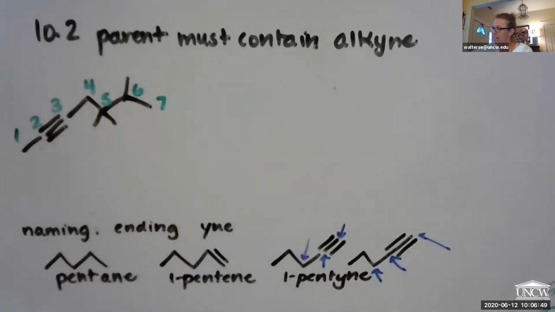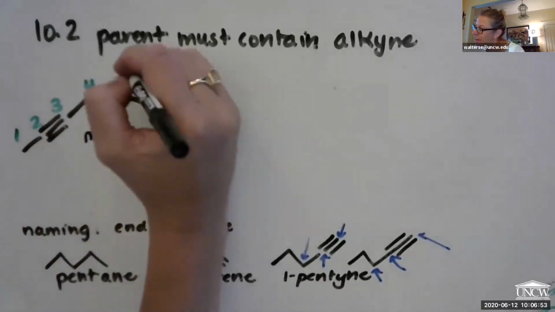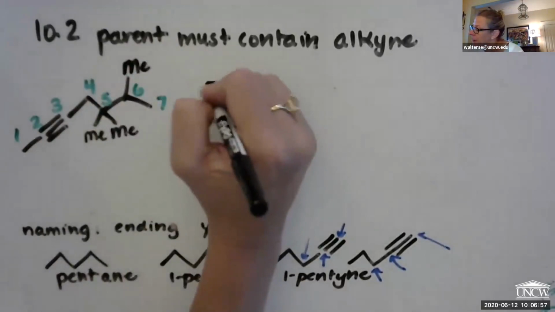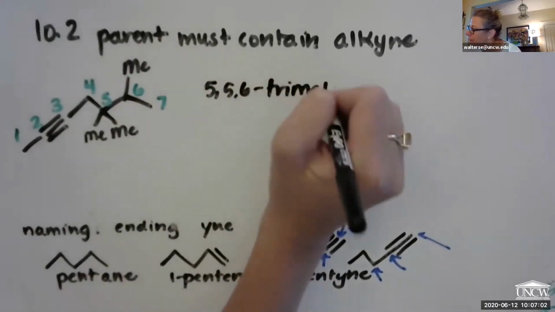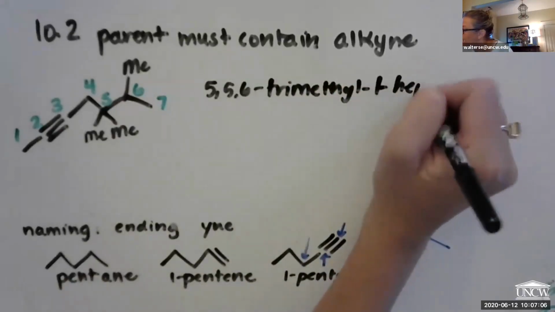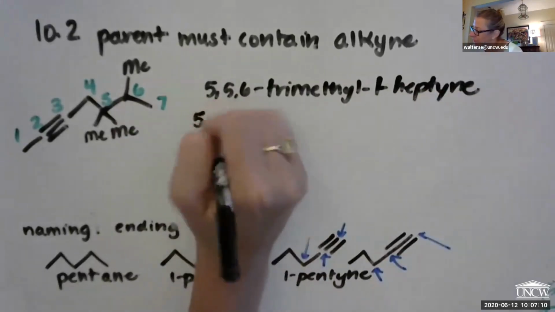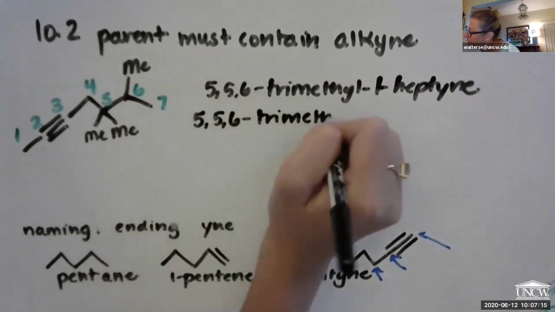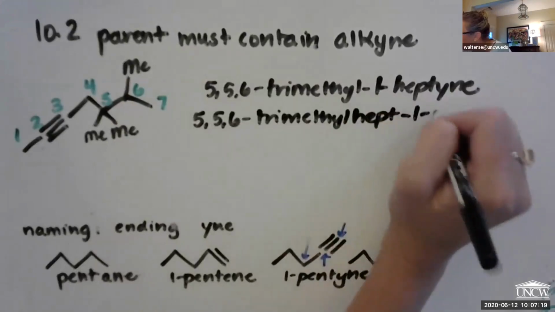In this case, we would have 2 methyls on 5 and a methyl on 6. So 5,5,6-trimethyl-1-heptyne. And again, remember that's the same as the new nomenclature way, trimethyl, hept-1-yne.